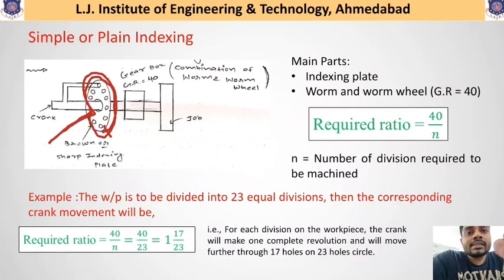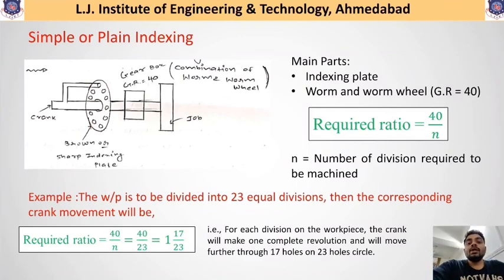Now perform the machining operation and repeat this procedure until 23 equal divisions are obtained on the workpiece for gear cutting. So this is nothing but the simple or plain indexing method.